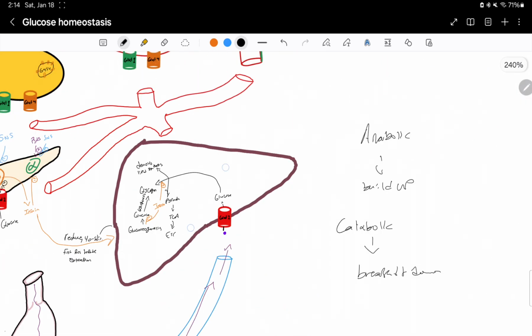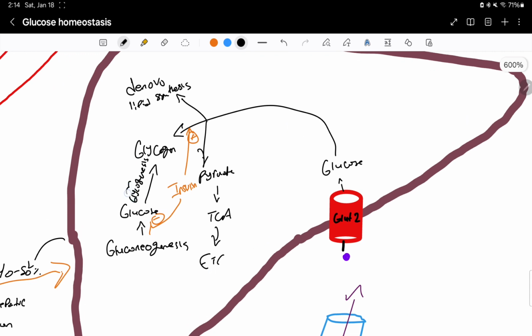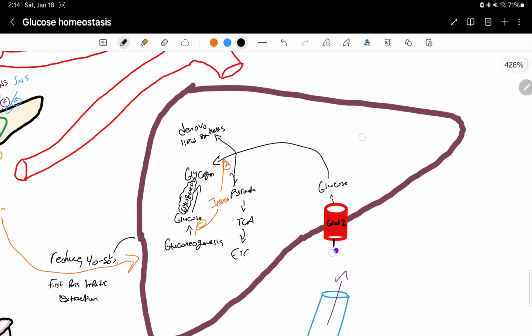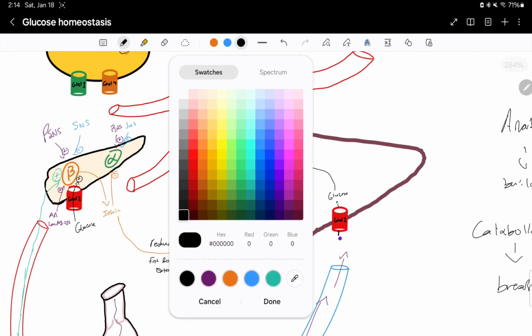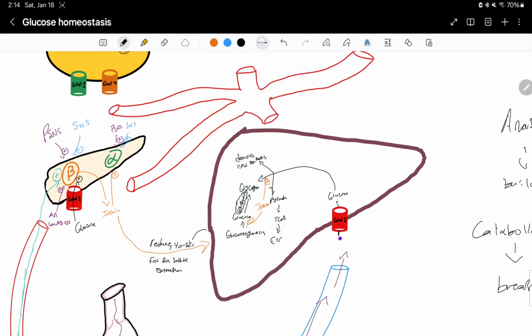So we're making glycogen. Glycogenesis. Awesome. So that's what insulin is doing in the liver. But you know, the majority of the circulating glucose, the liver doesn't hog all of it. I've mentioned this before. The liver is not greedy.